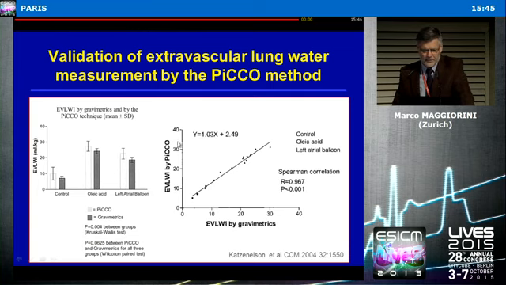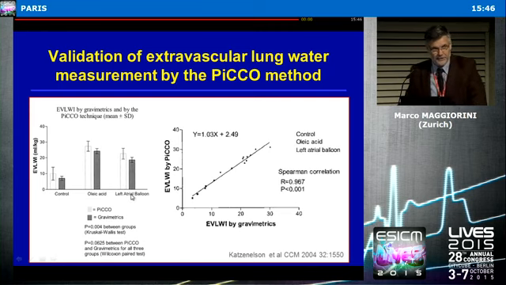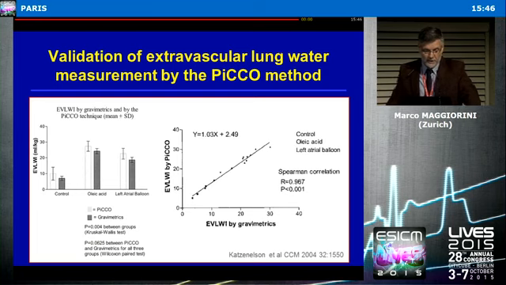First of all, the strong relationship of the extravascular lung water with the extravascular lung water measured by gravimetry, and this in different controlled conditions: in animals that received oleic acid, a model of RDS, and animals where a balloon was inflated in the left atrium in order to increase the venous pressure in the lung, thus simulating a cardiogenic pulmonary edema.